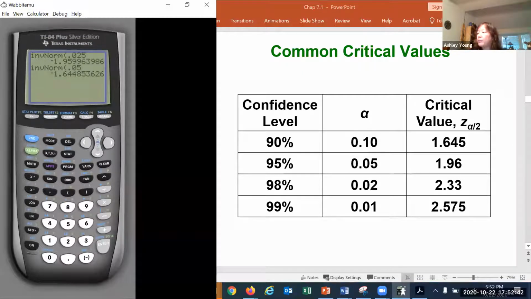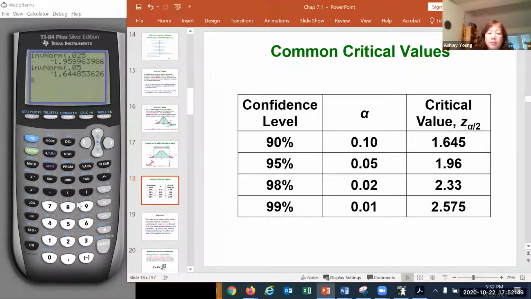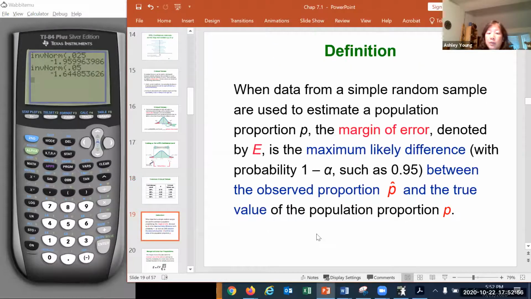Everybody on board with that part? Yes. Okay, good. All right, so that's how you do it for that one homework problem. Otherwise, I'm going to give them all to you.